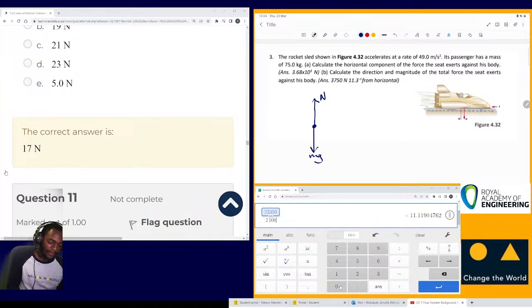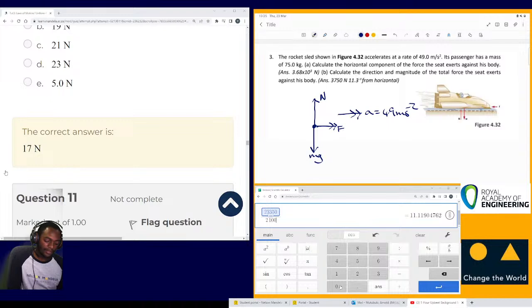Okay, and we're told that the rocket sled is moving in this direction with an acceleration of 4.9 meters per second squared. So we're being asked to find the horizontal component of the force acting. So we're looking at the horizontal system, right?